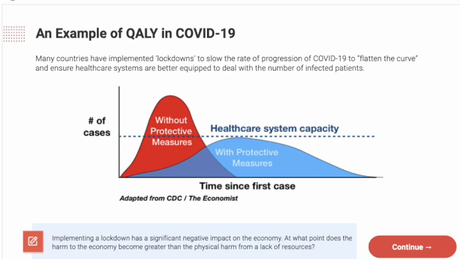But here's the ethical dilemma. At what point does the harm to the economy become greater than the physical harm from the lack of resources? That's something we investigate later on when we look at people with heart conditions, or cancer patients, unable to have their needs met by the system because the economy's hurt so much that there are certain things that can't be reinvested into the system, or the wait lists are too long.